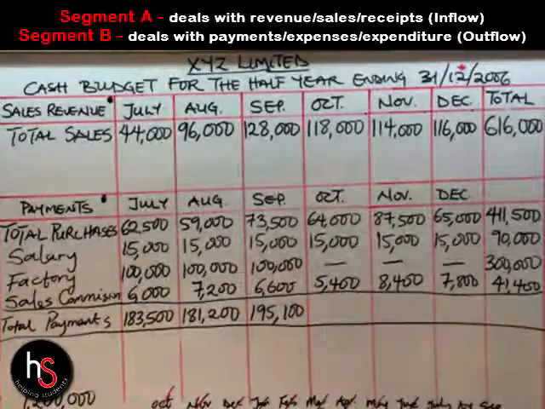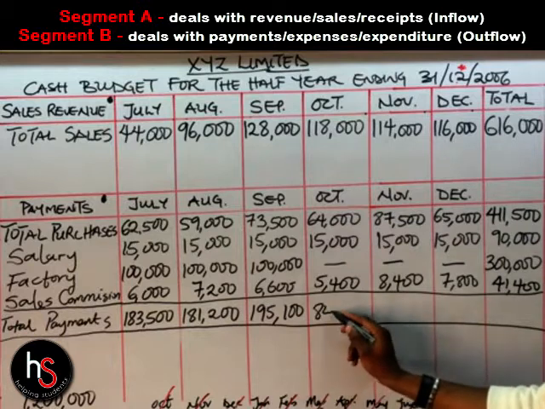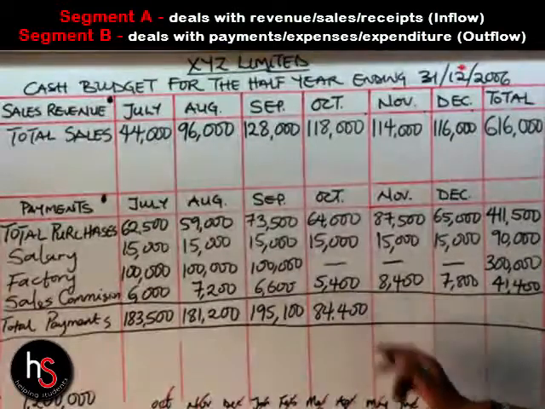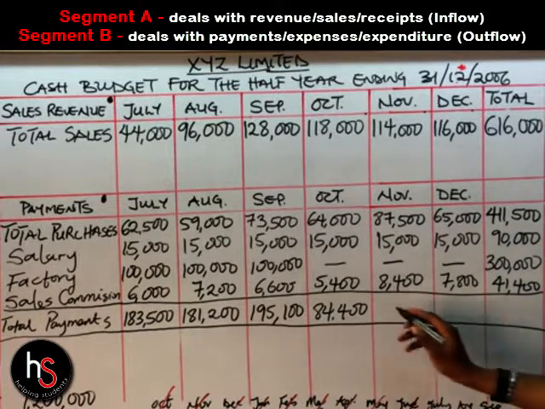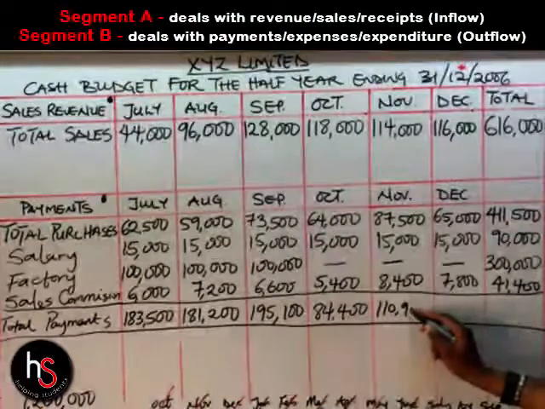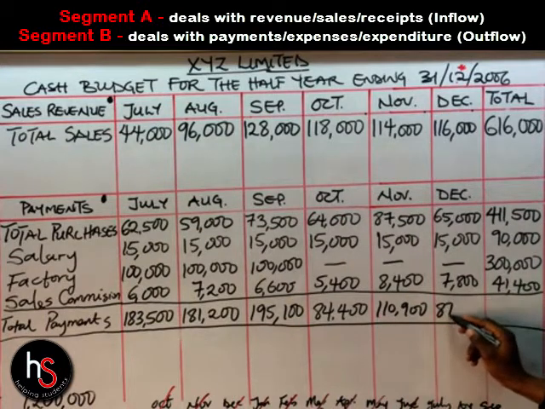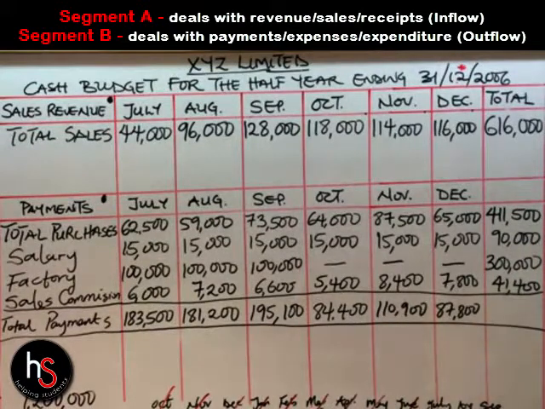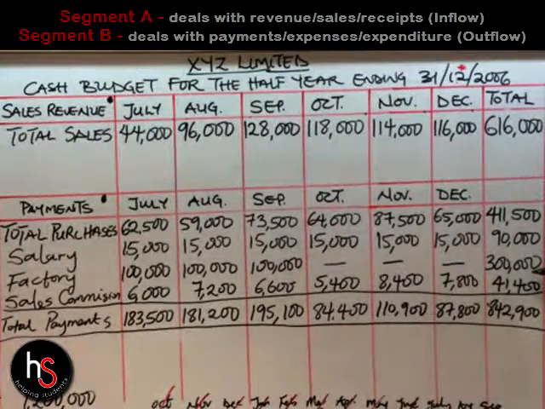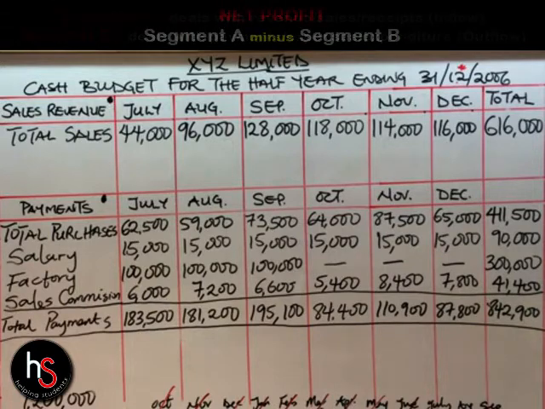In October, we have 84,400. In November, we have 110,900. And in December, we have 87,800. Now, the summation of these values gives us 842,900. That is 411,500, 30,000, 300,000, and 41,400.